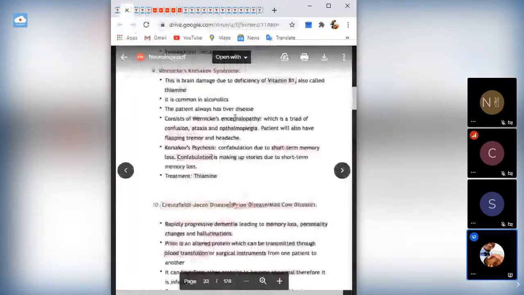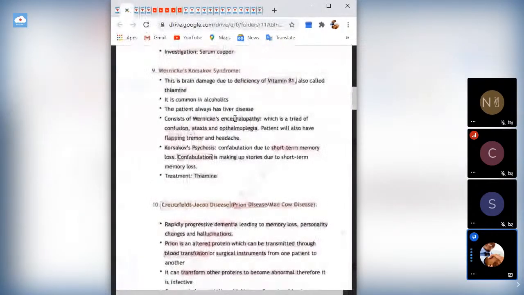So investigation, essentially you do serum copper. Okay.